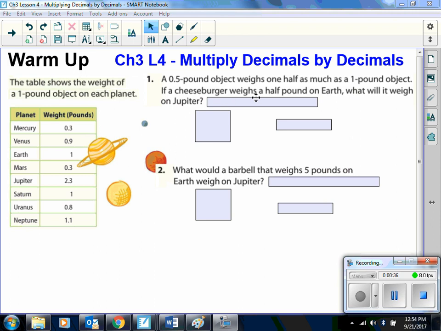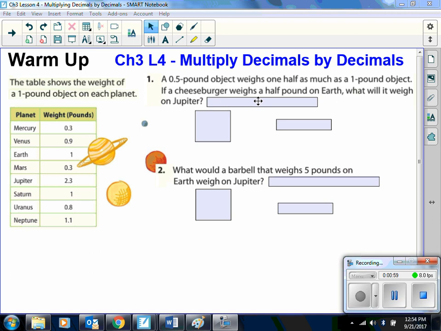If a cheeseburger weighs 1/2 pound on Earth, what will it weigh on Jupiter? Here, if we look at Earth, there's 1, and Jupiter, 2.3. Does everybody see that? That means the cheeseburger will weigh 2.3 times as much as it does on Earth.